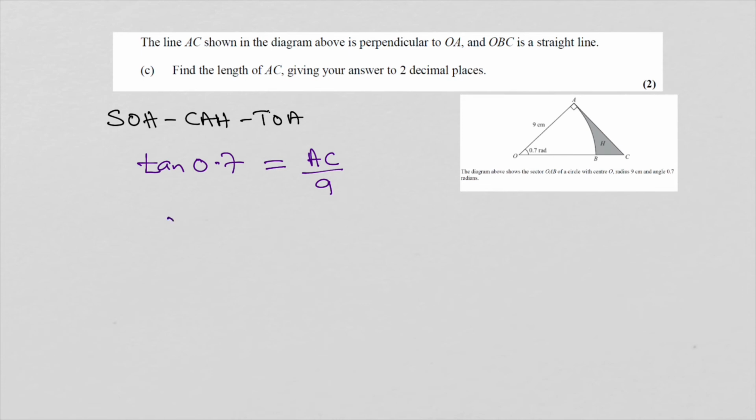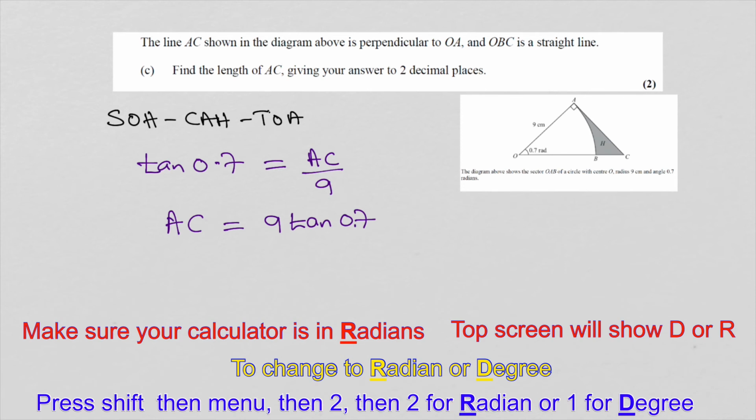So AC equals 9 tan 0.7. If we plug that into a calculator, 9 times tan 0.7, that should give you 7.58 centimeters. And that's the value of AC. So that's what we're looking for.